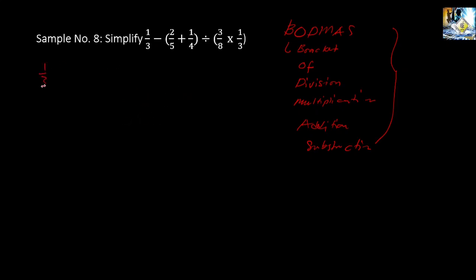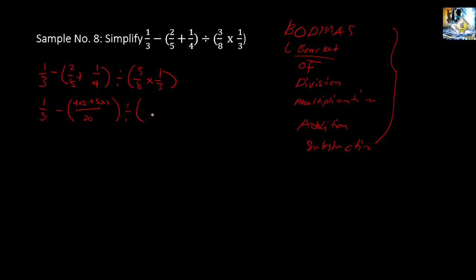So 1/3 minus 2/5 plus 1/4 divided by 3/8 times 1/3. So unahin mo daw yung may mga bracket muna. So huwag mo munang galawin yung walang bracket. Okay, so here, same method. So the LCM is 20, 2 times 4 times 2 plus 5 times 1.